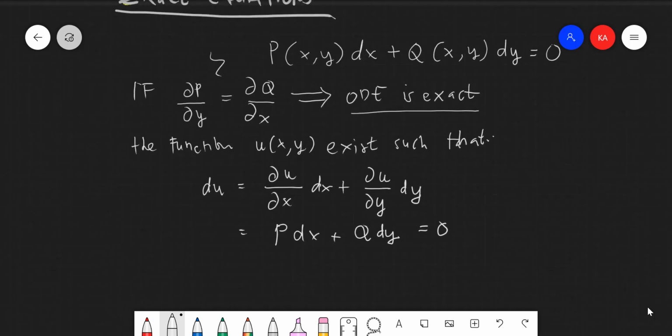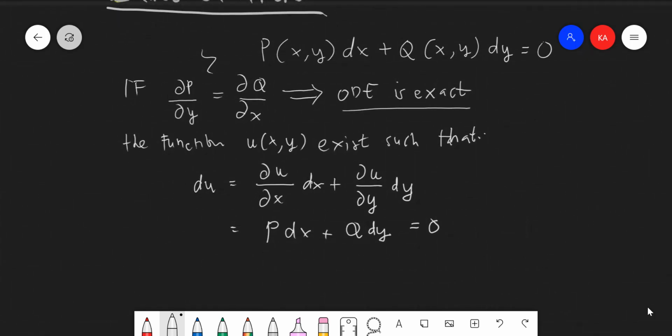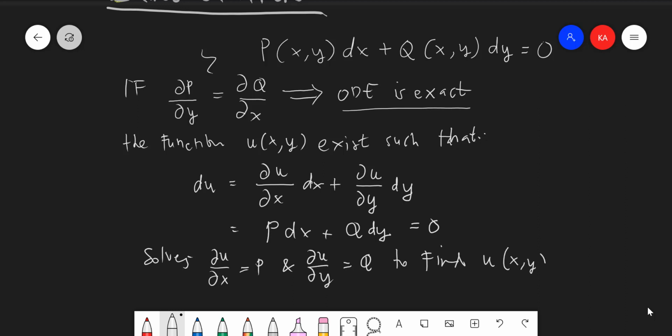So we have to solve partial u over partial x is equivalent to P, and partial u over partial y is equivalent to Q, to find u(x, y).